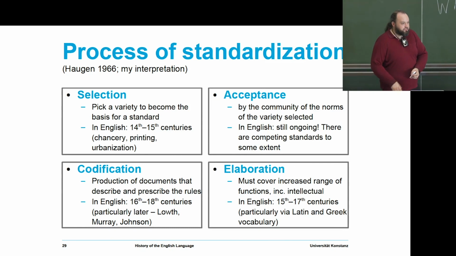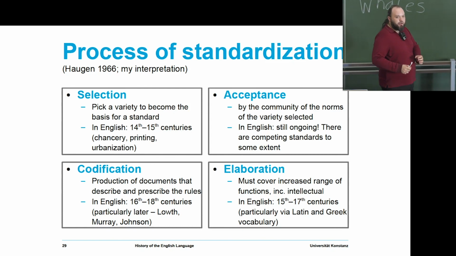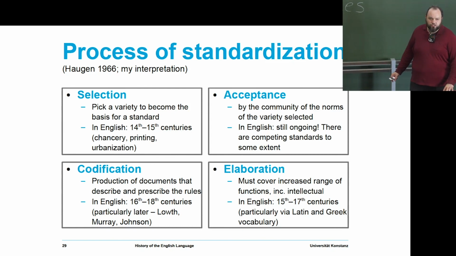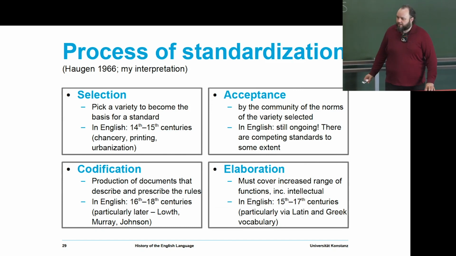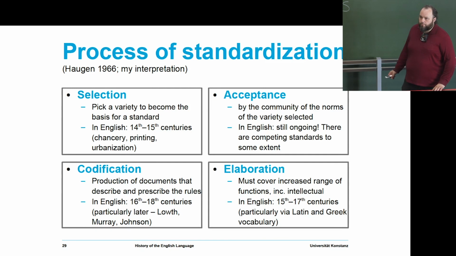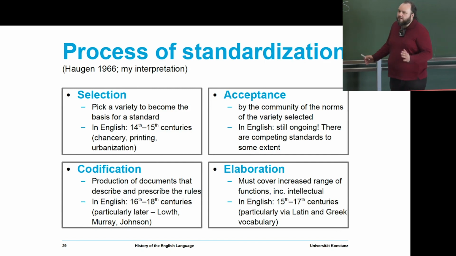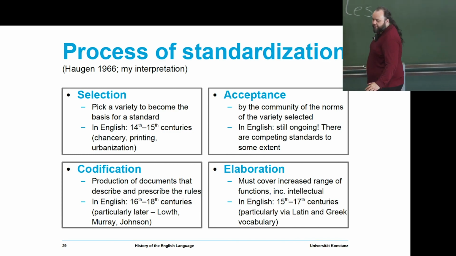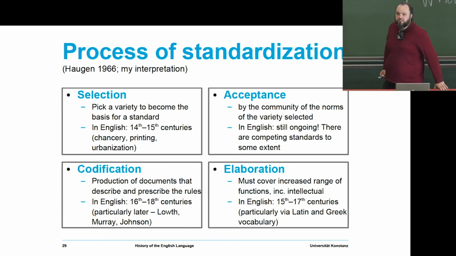We have elaboration. So, elaboration is the process by which the language gets used for a wider range of functions. That's something that we've already talked about in the context of new scientific texts, plays, political texts, philosophical texts, and in the early modern period you start to get the full works. So from the 15th to the 17th centuries, this elaboration takes place.